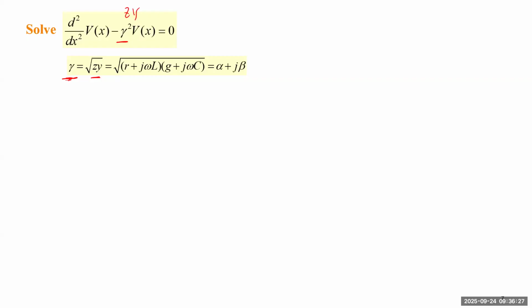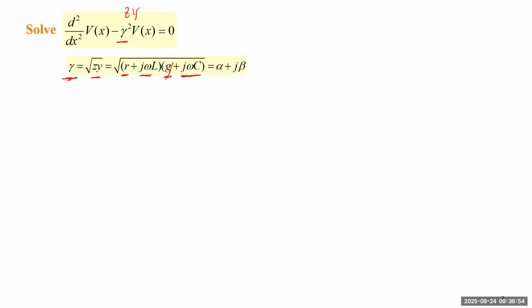Z has a real part, which is the resistance, and an imaginary part, which is equal to omega L. Omega is 377 radians per second for a 60 Hertz system. L is the inductance per unit length. Y is equal to G, the conductance, but usually this one can be ignored, plus capacitance multiplied by j omega.